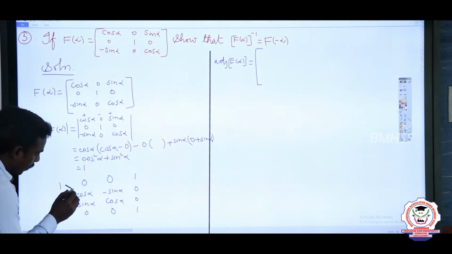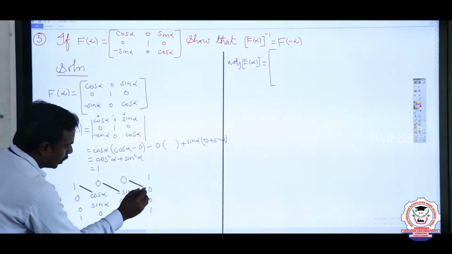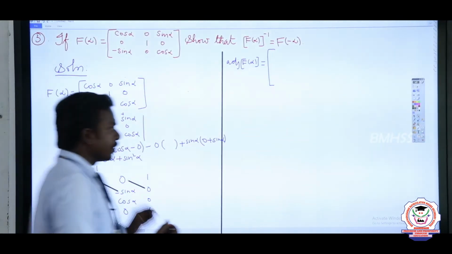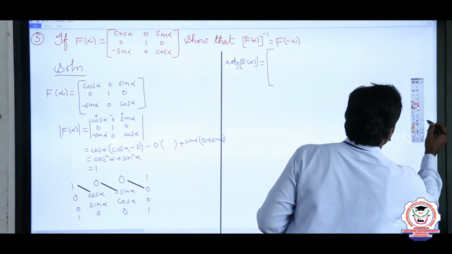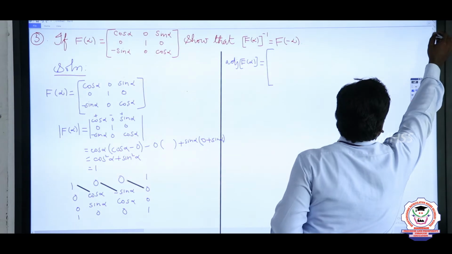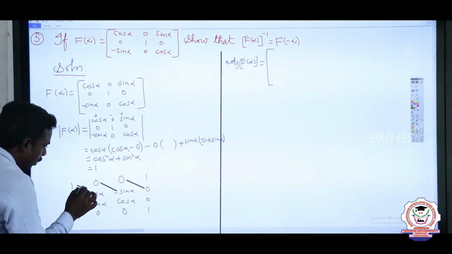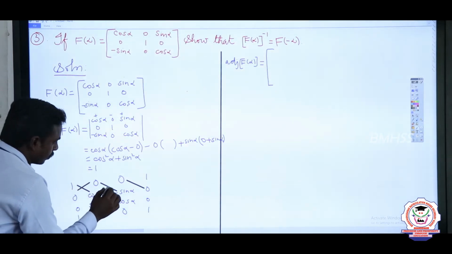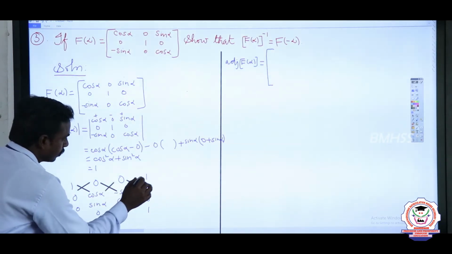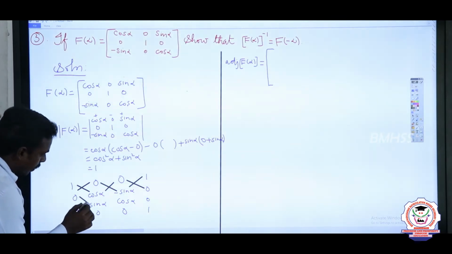First multiply these two elements, multiply these two elements, and next we need to take cross multiply from this, and from this, again cross multiply.